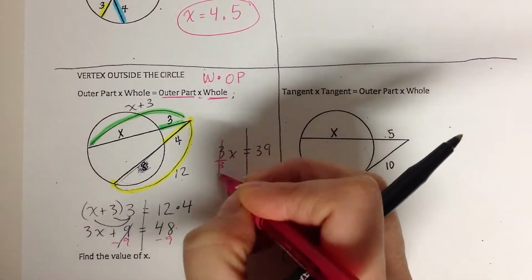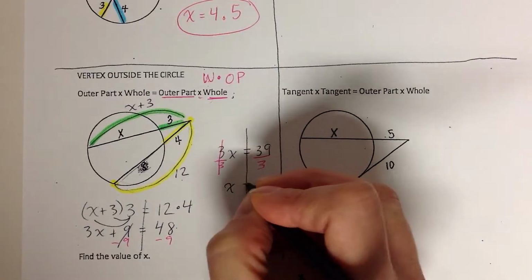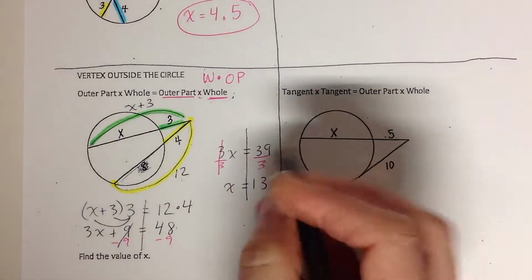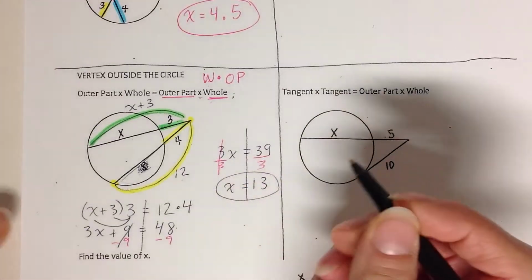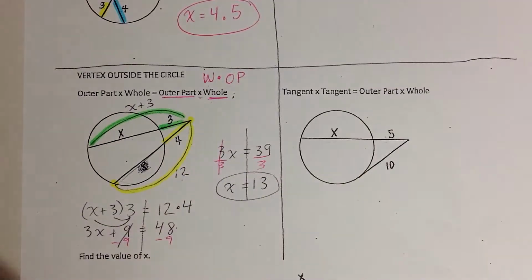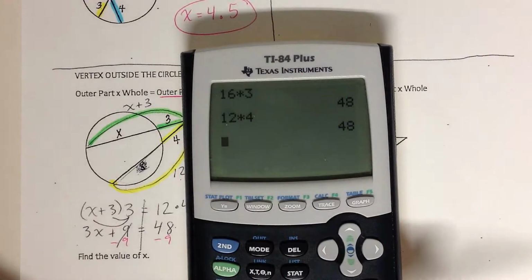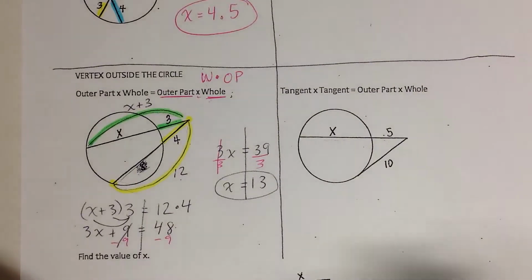The opposite of multiplication is division, so I divide by 3. x equals 13. I can check that: 16 times 3 and 12 times 4. Yep, so I like what I did there.